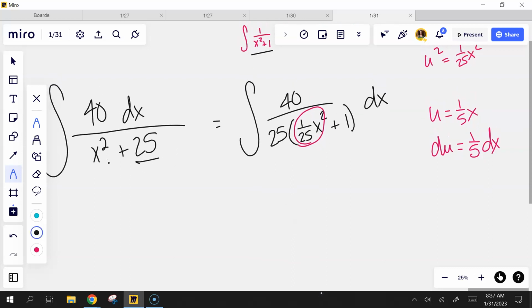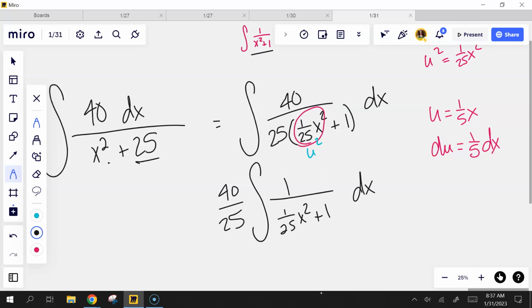What do I have? I have a u squared. And I think I'm going to ignore all this right now. In fact, what I might even do is go just to kind of help me see what's going on.